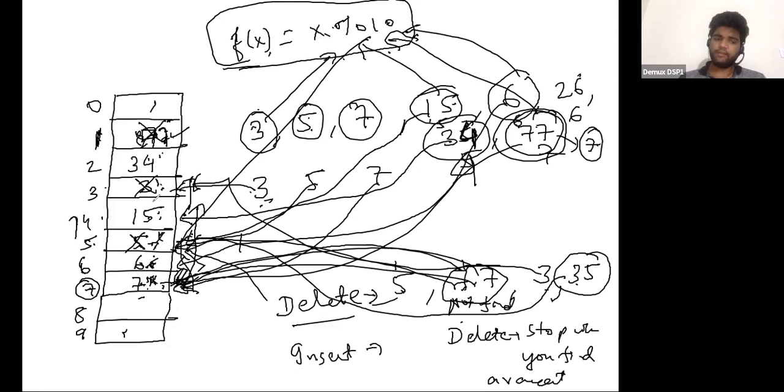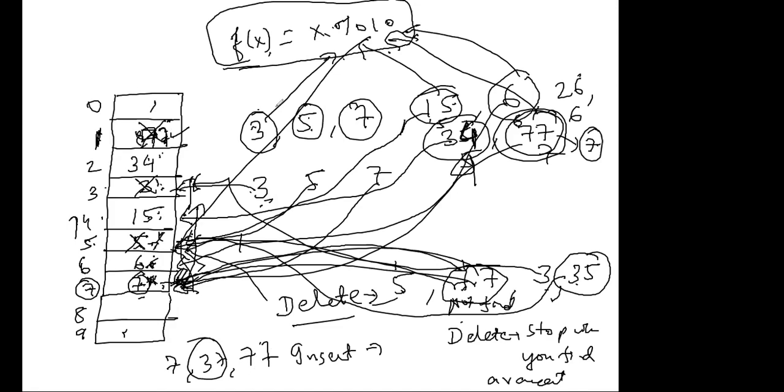There might be something in between also. You will have a 37 somewhere. If you inserted 7 and then 37 and then 77, then you are saying I will stop at 37 for deleting 77 also, right? Because how would you have inserted 7, 37, 77? You would have inserted 7 here, 37 somewhere here, and then 77 somewhere after 37, because that's how probing is.